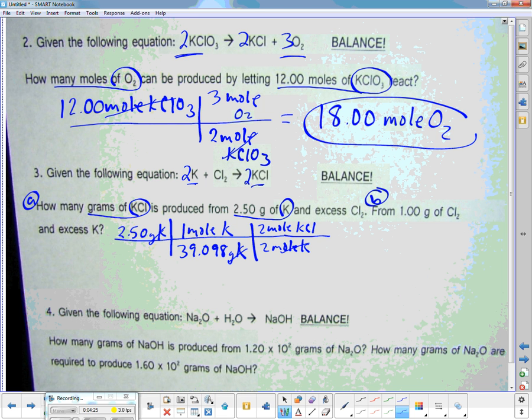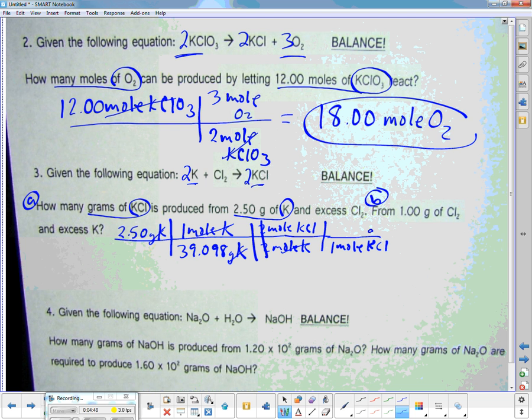I can cancel out moles, but I can also cancel out the 2's. So I don't have to put them in my calculator, right? 2 divided by 2 is still 1. Now I'm in moles of potassium chloride. I need your help because I don't have this memorized by myself. But I'm going to put 1 mole of potassium chloride on the bottom because we are going to grams, right?